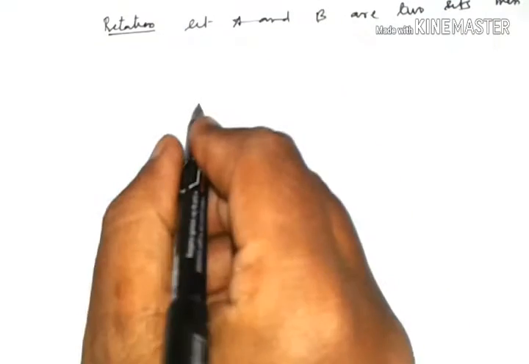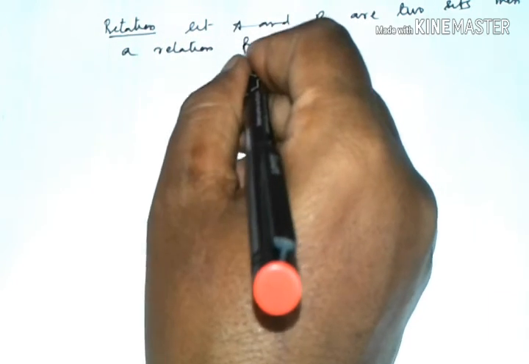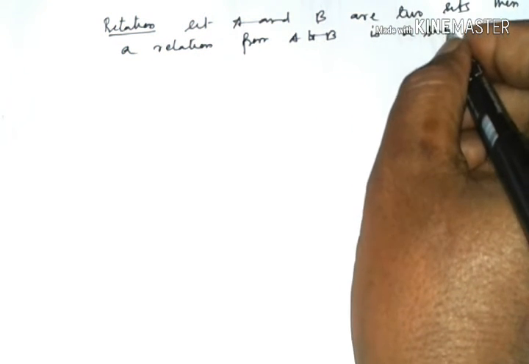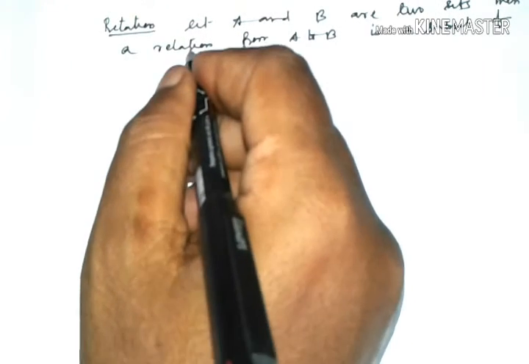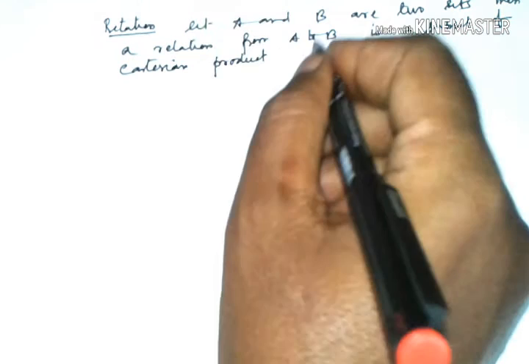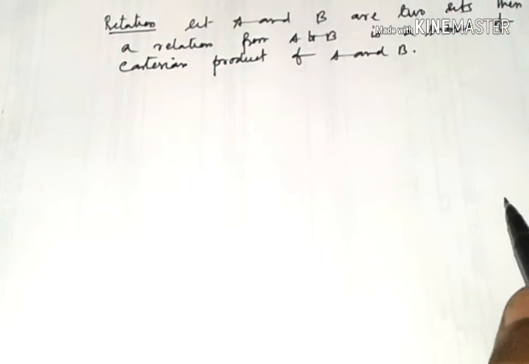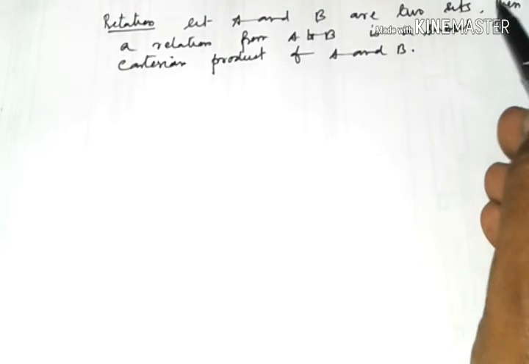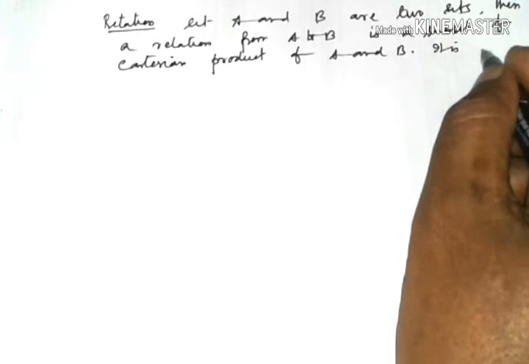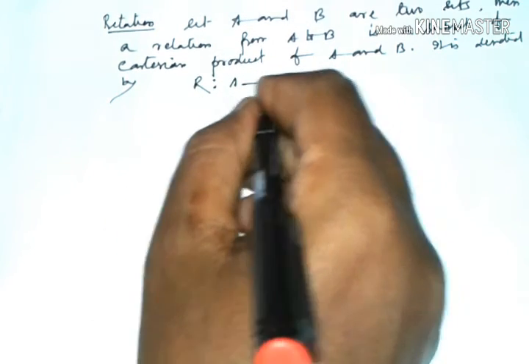Then a relation from A to B is a subset of the Cartesian product of A and B. It is denoted by R. R is a relation from A to B.